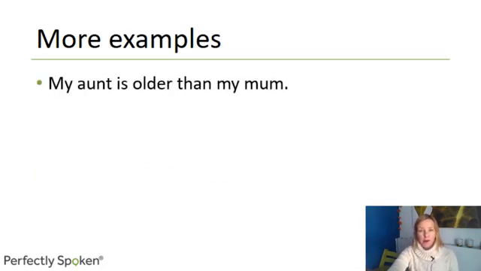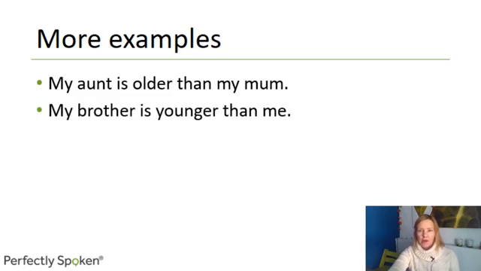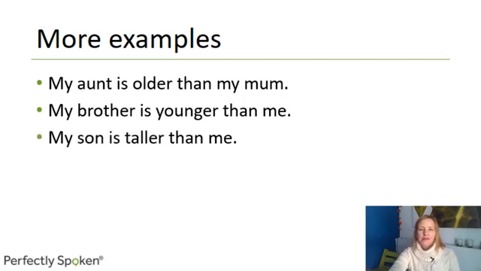Okay, let's look at some more examples. So we've got my aunt is older than my mum, because my mum's 74 and my aunt's 81. My brother is younger than me. I'm not going to tell you. And my brother is 2 years younger. My son is taller than me. That's true. He's 13 and he's taller than me.